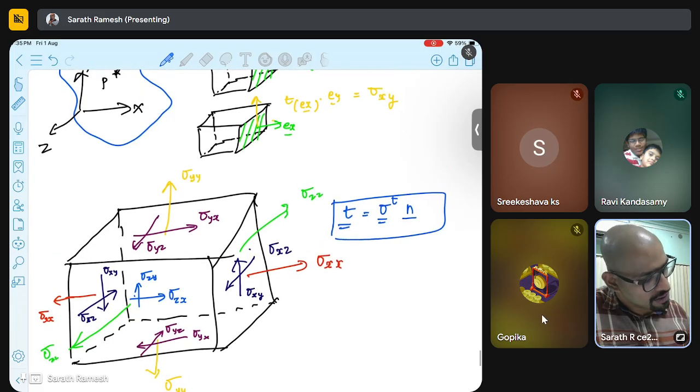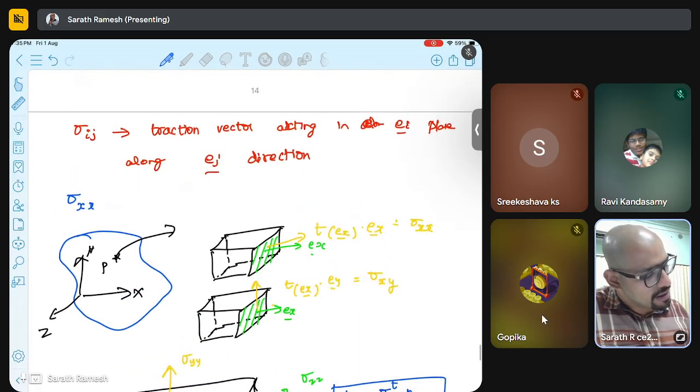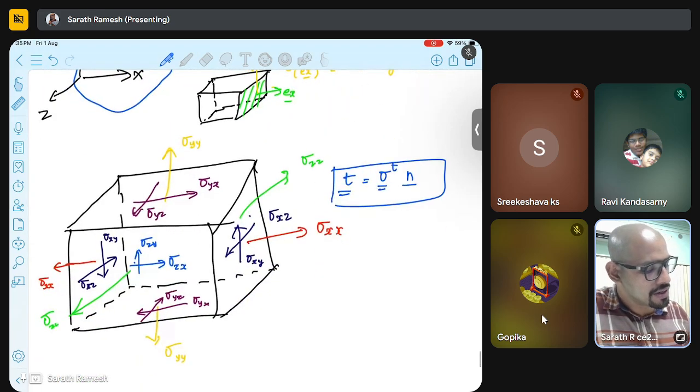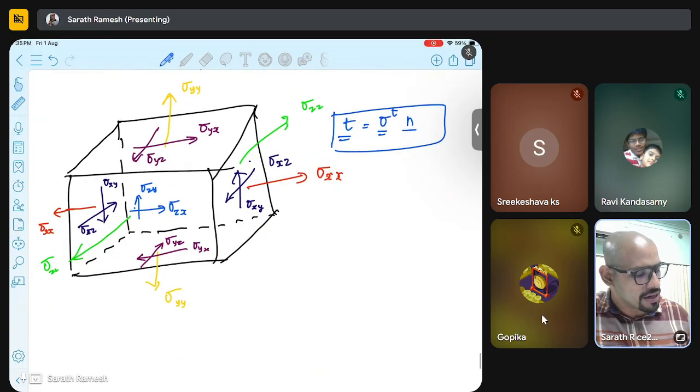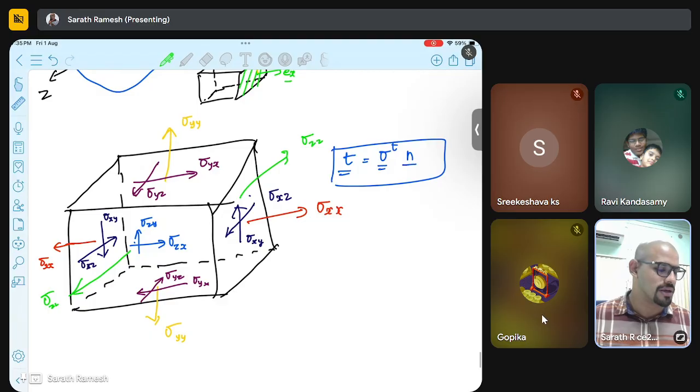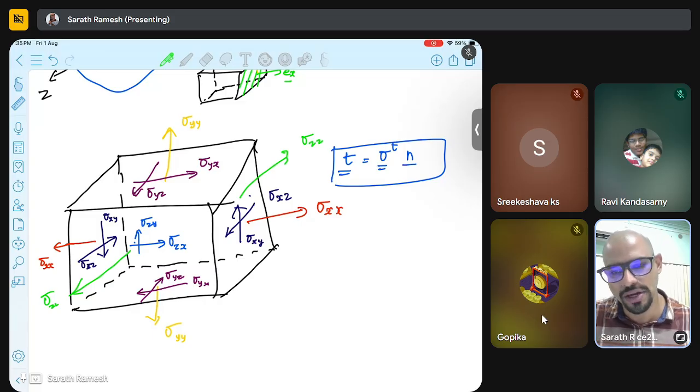There are 9 components of sigma acting along the planes, so this is a second order tensor. A vector we can represent using just 3 components, but for this tensor we need 9 components. Stress is a physical quantity, but mathematically it obeys the laws of a second order tensor.